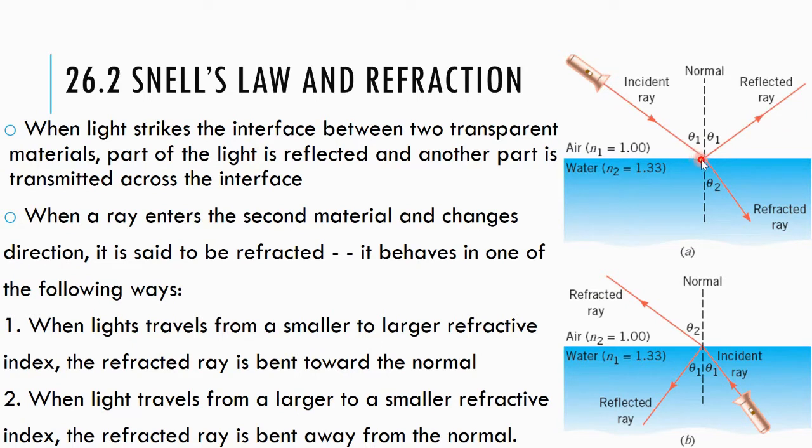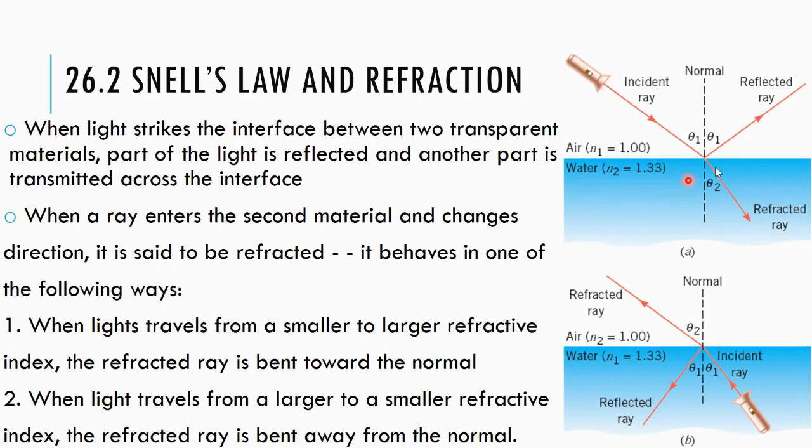So some of that light is reflected off of the surface of the water. So we have theta 1 and theta 2 there. According to our law of reflection, those should be equal to each other, and that is still true. However, some of that light is refracted into the water. So here they tell us the index of refraction for air is going to be 1. The index of refraction for water is going to be 1.33.